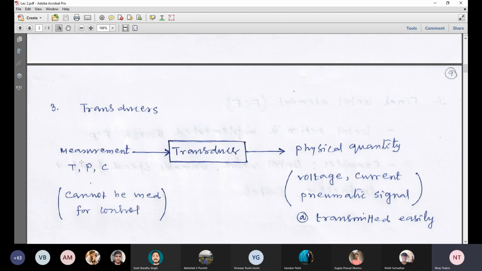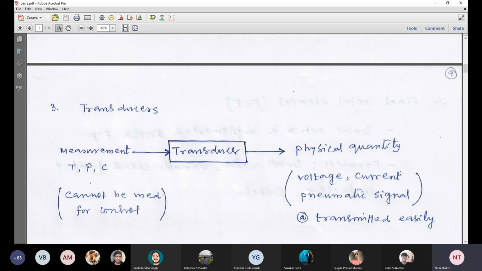Your measuring sensor is displaying temperature, but this temperature you cannot transmit through the wire to the controller, isn't it? If you want to transmit this temperature information to the controller through the wires, you need to convert it to these quantities, either voltage or current or pneumatic signal.